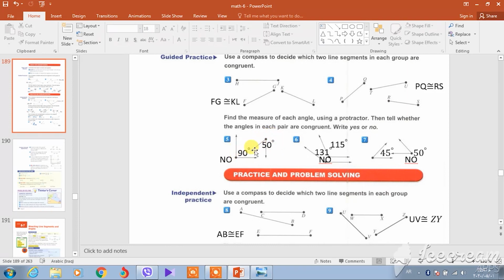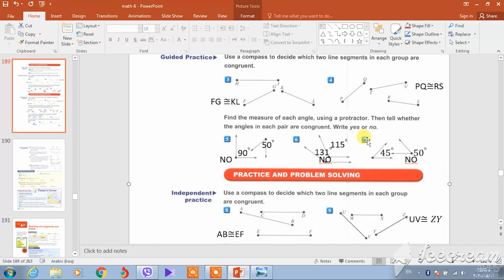So are 90 degrees and 50 degrees congruent? No, because this one is right and this one is acute, so they are not congruent, and we write no. Question 6, are 115 and 131 congruent? This measure is 115 degrees and the other angle is 131 degrees, so they are not congruent.